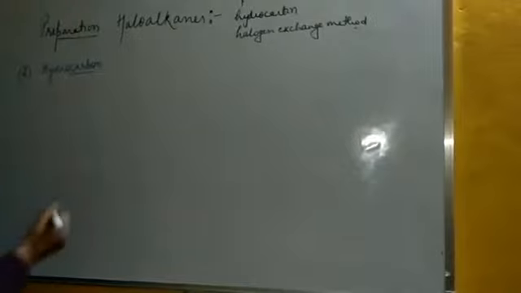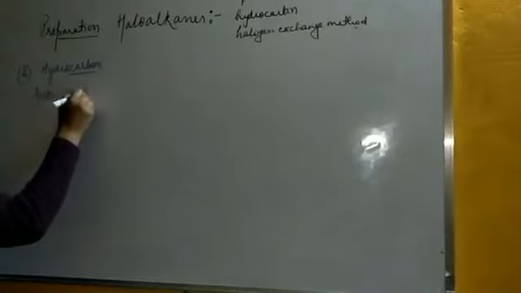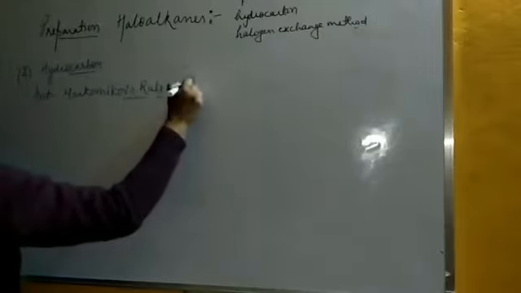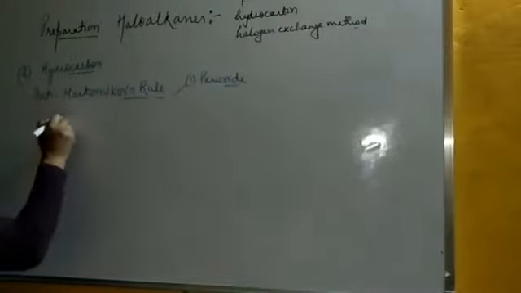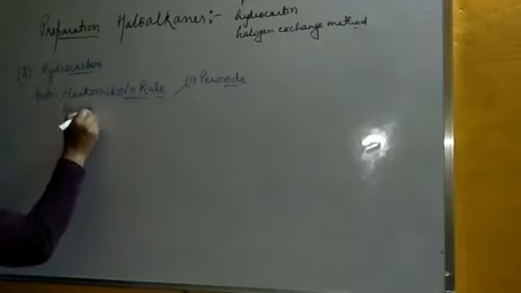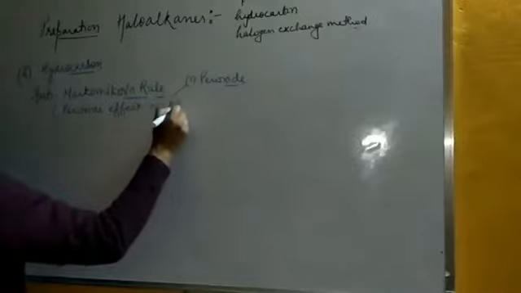Here we have got the anti-Markovnikov's rule, it will work in presence of a peroxide, right. So that's why this anti-Markovnikov's rule is also known as the peroxide effect, and it was studied by Kharasch, which is known as the Kharasch effect, right.